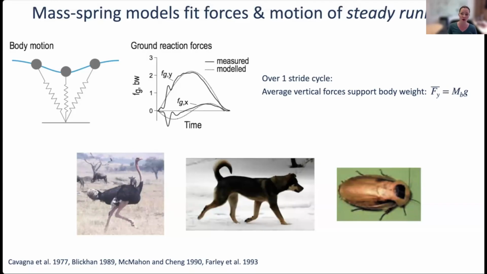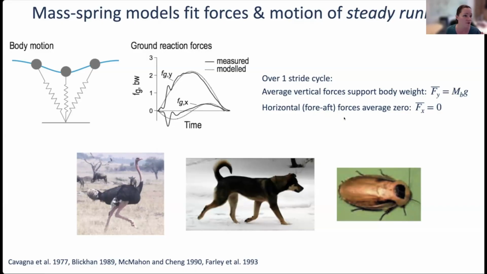The average vertical force has to equal the mass of the body times g, and the horizontal fore-aft forces have to average out to 0 to maintain a steady speed. And so you can see an example of some real ground reaction force traces and the mass spring modeled ground reaction forces, which approximate the basic magnitude and timing very well, although it doesn't get all of the details right because it's such a simple model.